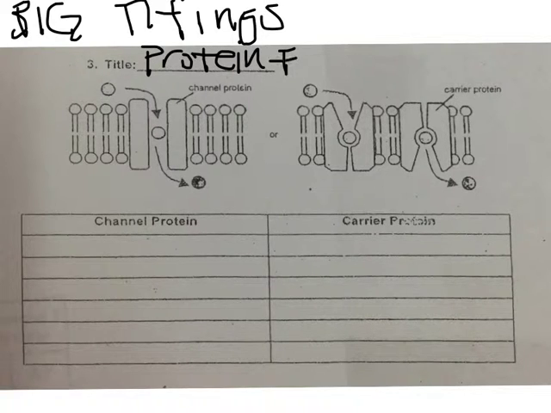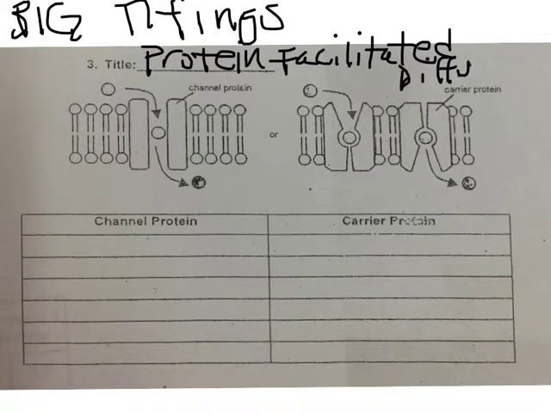So this is facilitated diffusion. Now in this case, these molecules are moving past a membrane, but they're not moving through the membrane. They're moving through a protein instead. So that's why this is not called osmosis. This is known as facilitated diffusion.